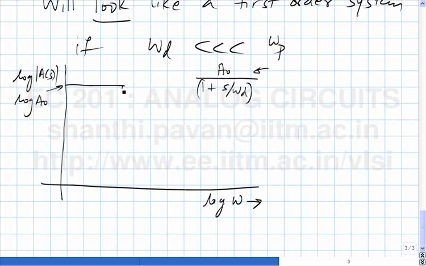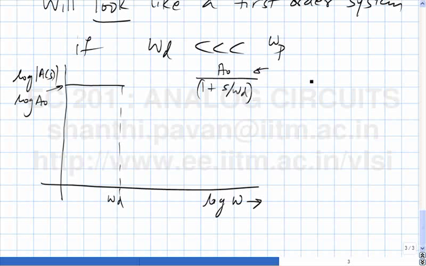For omega becoming much larger than omega d, if I plot on a log scale, how does it look like? It goes down as a straight line, and what is the slope? The slope is -1.